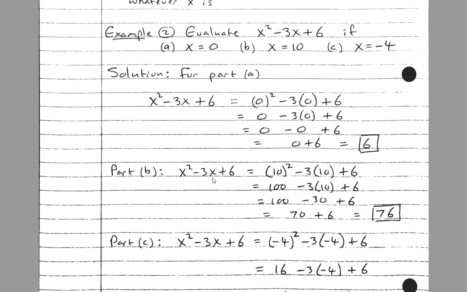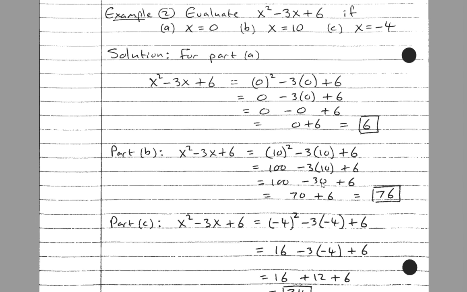So replacing x's with 10, so we get a 10 squared minus 3 times 10 plus 6. And we're using the same order, so it's 100. And then we get minus 30 plus 6. Okay, then additions and subtractions left to right.